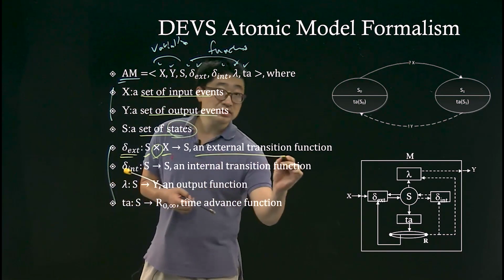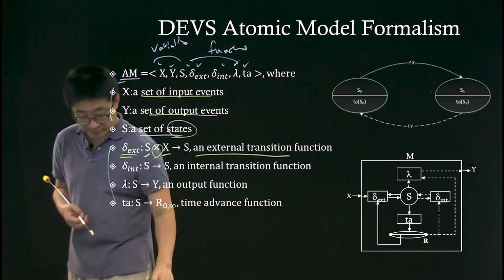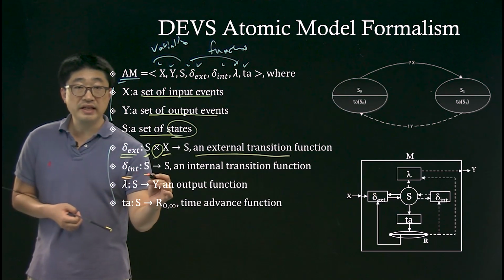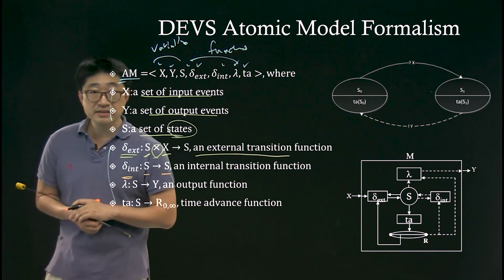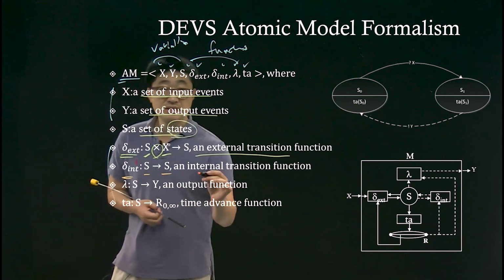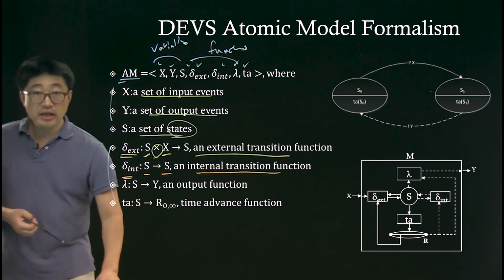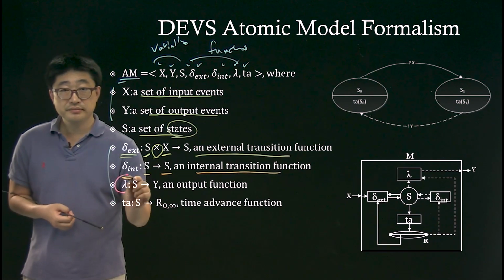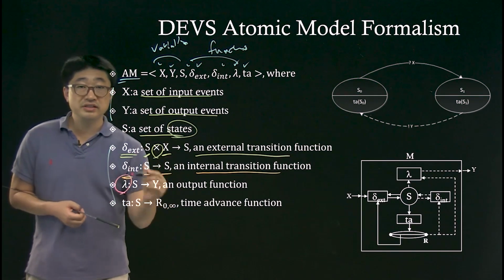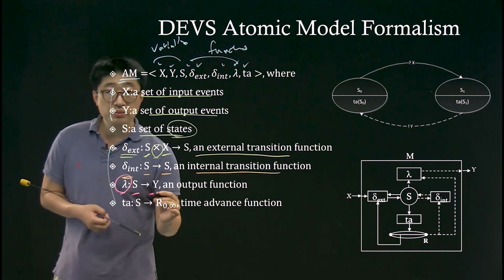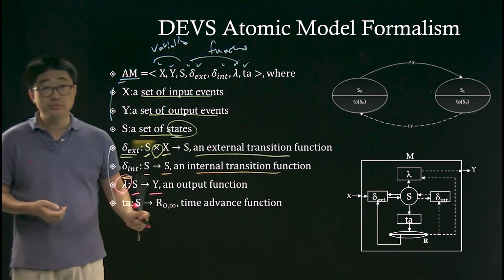That is the external transition function. The internal transition function takes the current S to the next S. And lambda takes the current state S and creates an output Y, the output function.